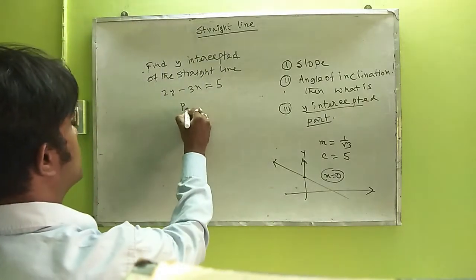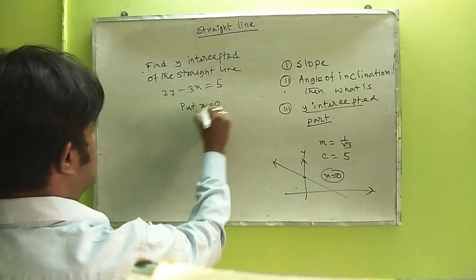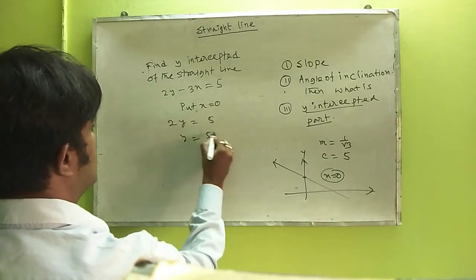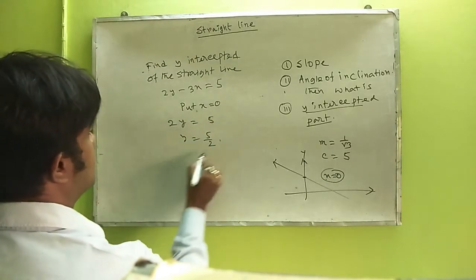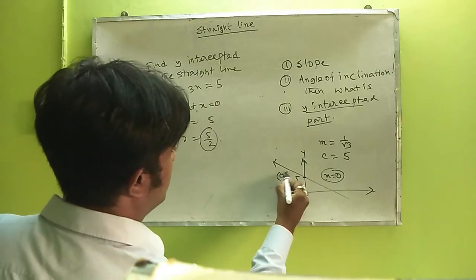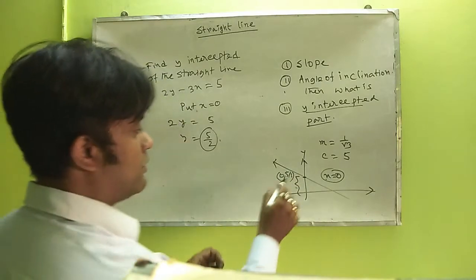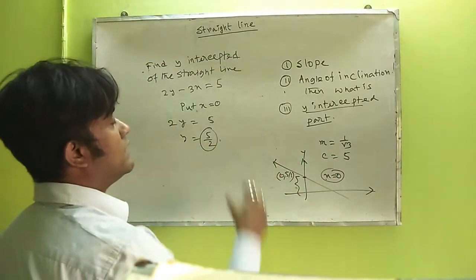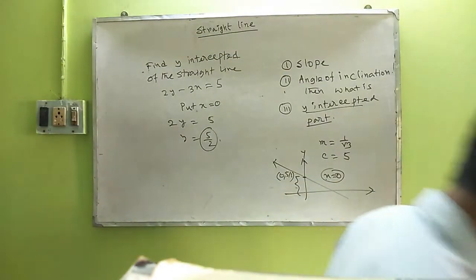Then put x is equal to 0, that is 2y is equal to 5, y is equal to 5 by 2. So y intercepted part is 5 by 2. That is, this point will be 0, 5 by 2. This concept we will use in the further sums.